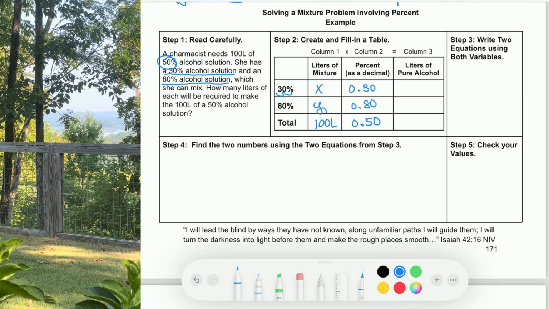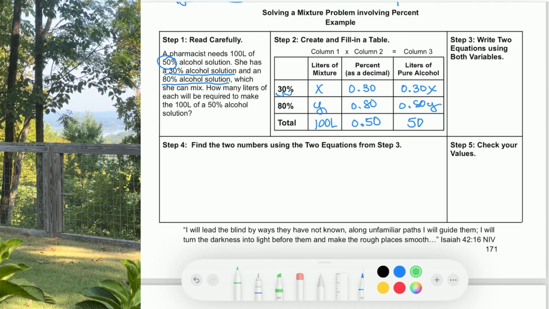Now remember, how we get our third column is by multiplying the first 2 columns against each other. So right here, I'm going to have 0.30x. The next one is 0.80y. And then 100 times 0.50 is going to give us 50.